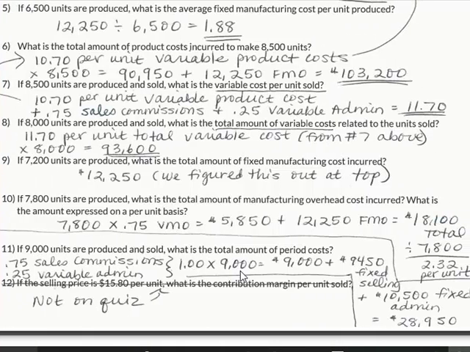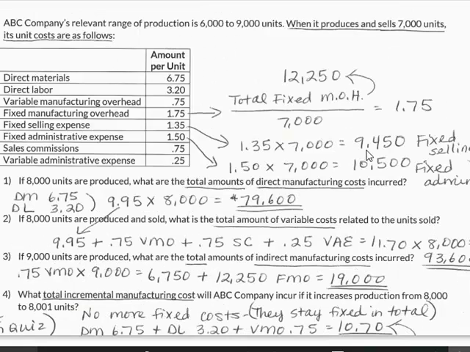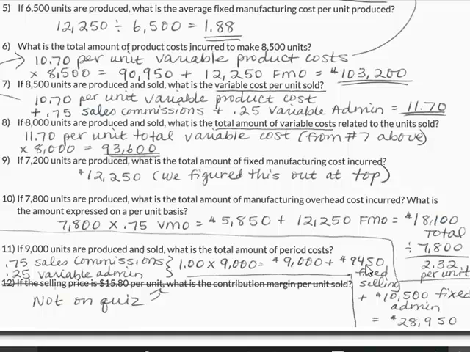We'll multiply by the 9,000 units to get $9,000 in total variable period costs. Add the fixed selling that I calculated at the top of the page. I did that here. I also calculated total fixed admin. I've added both of those fixed expenses. And down here at the bottom, we have our grand total of period costs, $28,950.